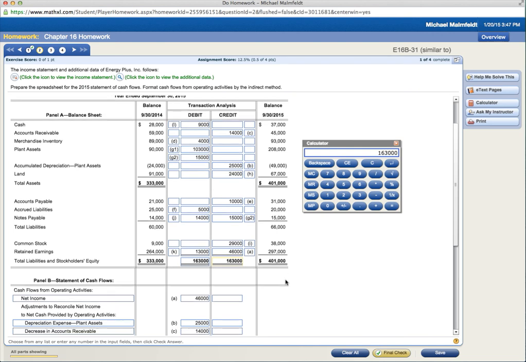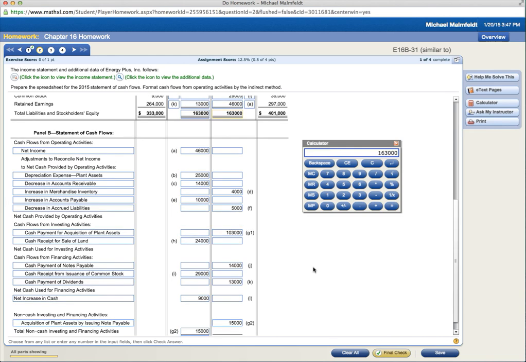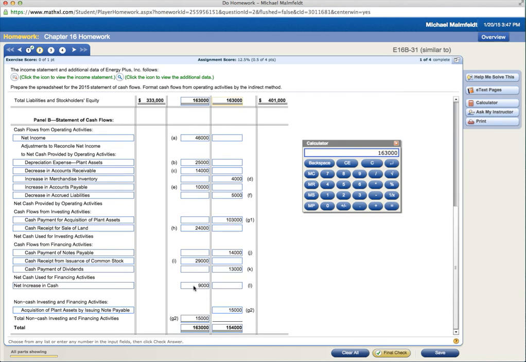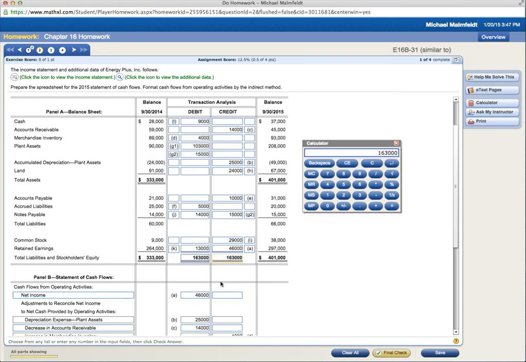Well, it said the net change in cash was incorrect, but I think we can pretty much all agree that getting from $28,000 to $37,000 requires $9,000. And down here, that's what we have listed.